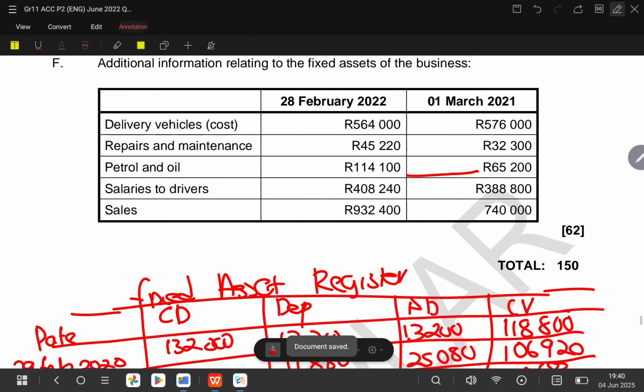So it is the difference between 114,100, you subtract 65,200.